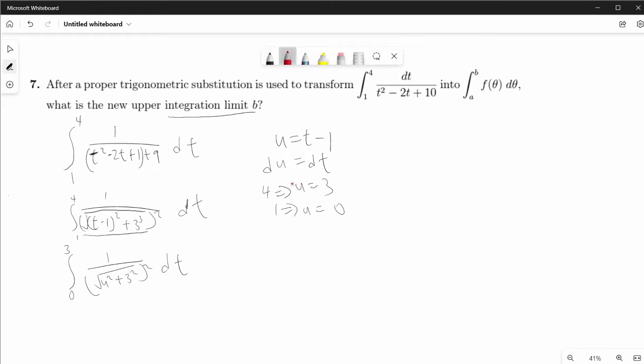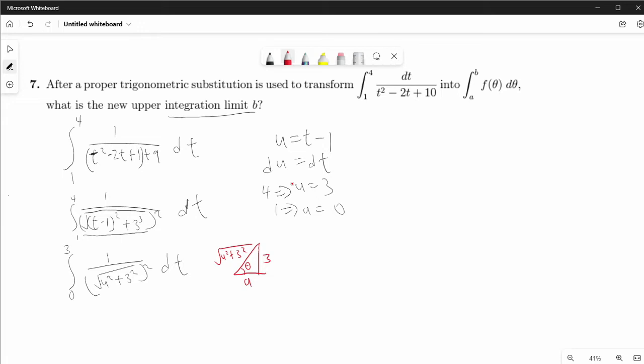Now we can draw a triangle for the trig sub. Now it's properly formed for trig sub. And we have u, 3, and the hypotenuse, the square root of u squared plus 3 squared. So now let's say this angle is theta. Then we relate theta and u as simply as possible.